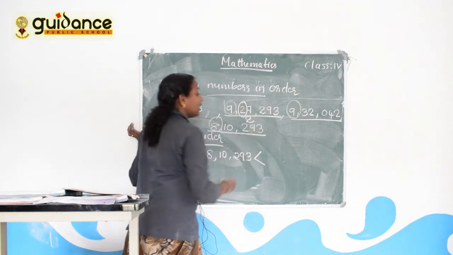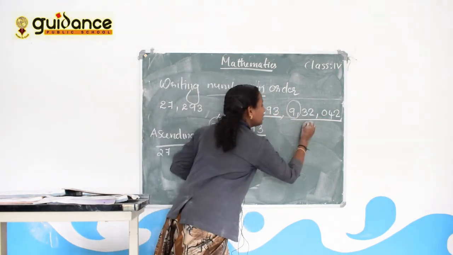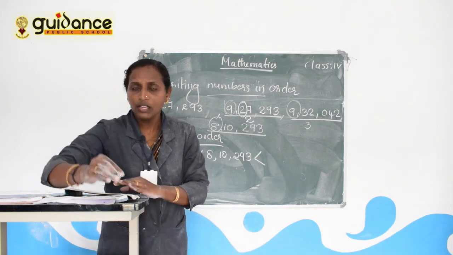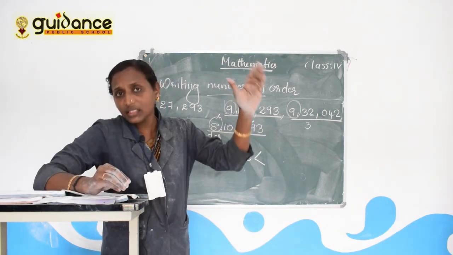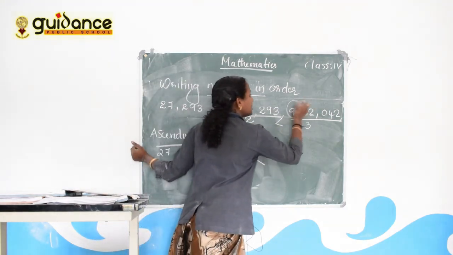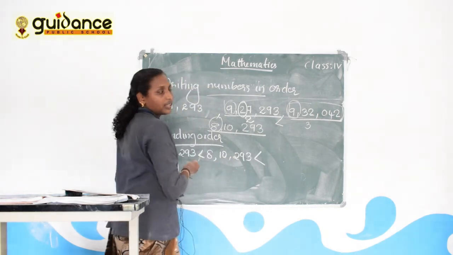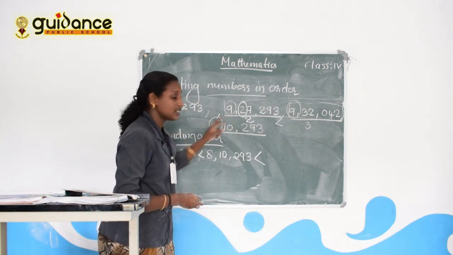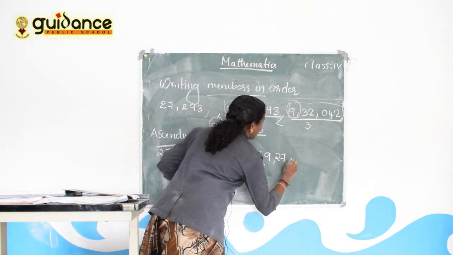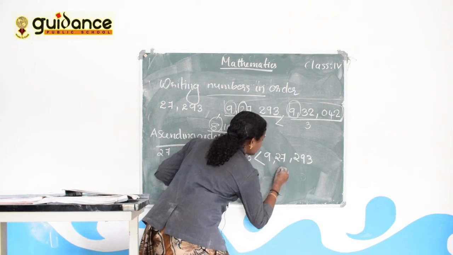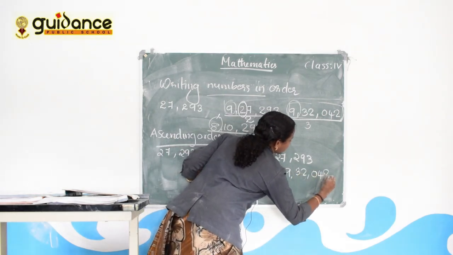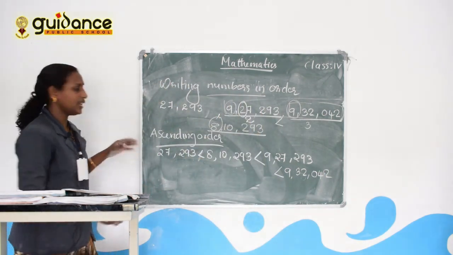Here 2 is the 10,000 place, and here 3 is the 10,000 place. We compare 2 and 3. Which is greater, 2 or 3? 3 is the greater number, so this is the biggest number. That means the next smallest is 9,27,293, which is less than 9,32,042.